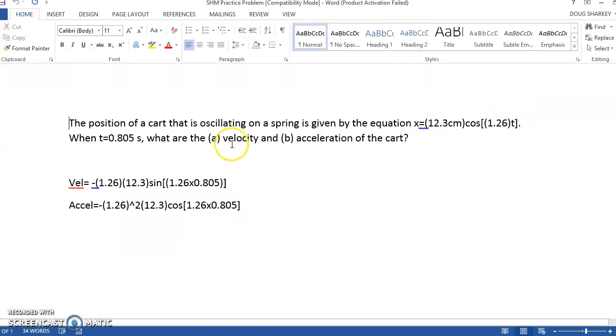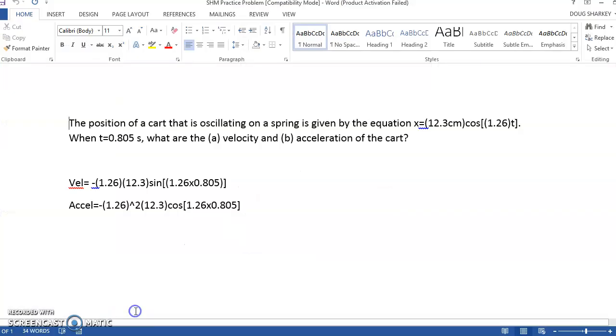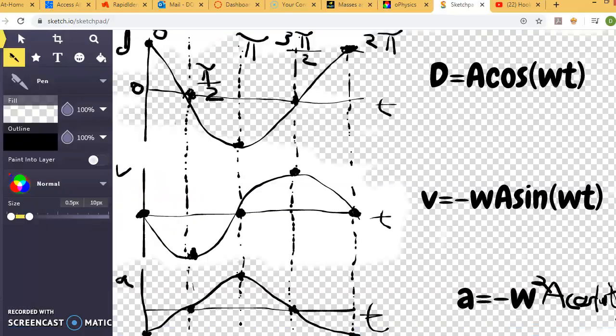There's the equation. When they tell you when time is this, so when this much time goes by, what is the velocity? What is the acceleration? Okay. And so these would be the equations that you would build based on velocity, right? Wasn't it sine? Velocity was a sine function, so that's why we would build this equation for our velocity. Our acceleration should be a cosine function, yeah?